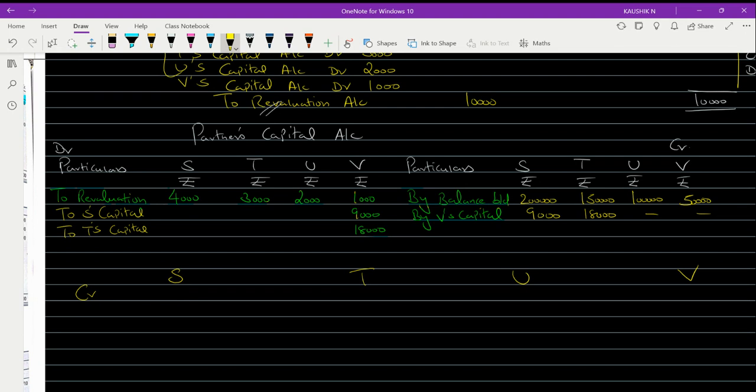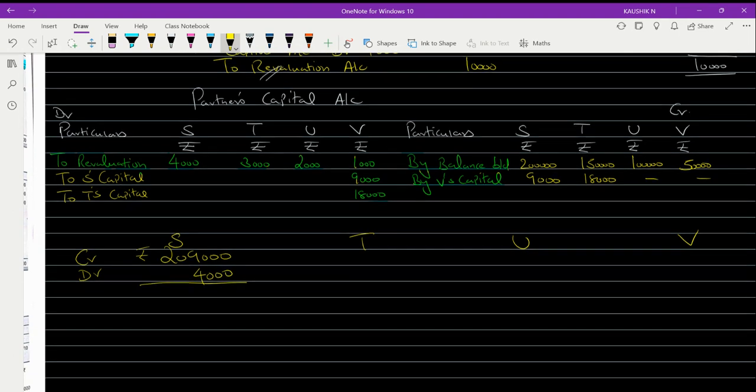So first, let's take the credit value and from that we'll deduct the debit values. So rupees 2 lakh 9,000, and from this, if I subtract 4,000, how much is available in excess, that is, the credit balance? Rupees 2 lakh 5,000. Am I right?